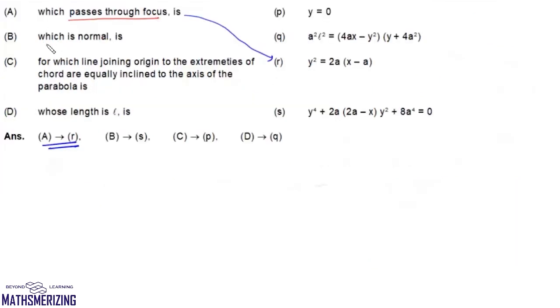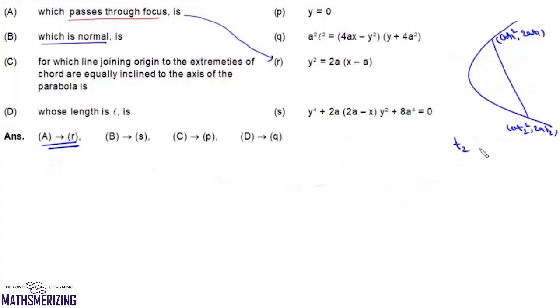Now the second question is, we need to find the locus of the midpoint of a normal chord. So we have this parabola and then we have this normal chord, which joins (a t1 square, 2a t1) and (a t2 square, 2a t2), and for a normal chord we know that t2 is minus t1 minus 2 upon t1. We need to find the locus of the midpoint.